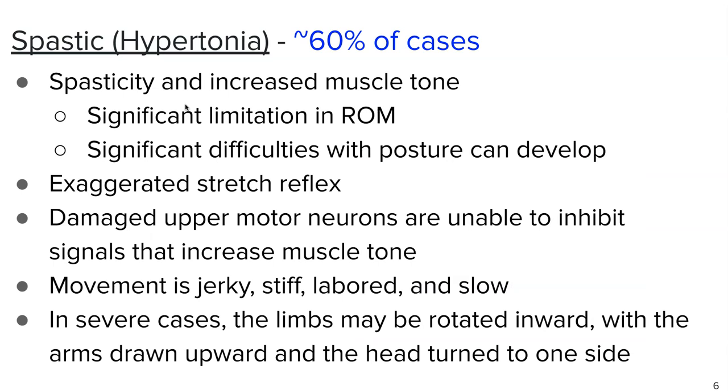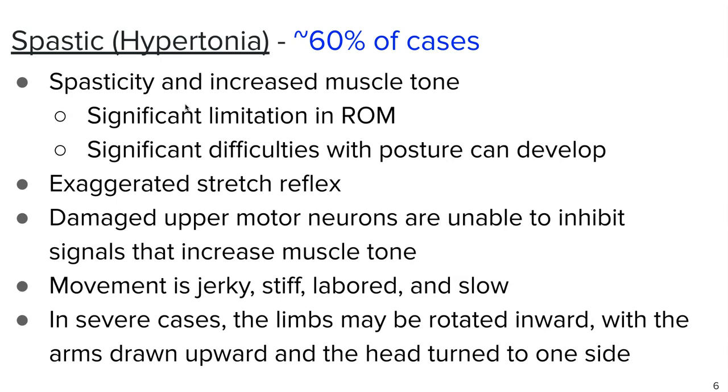We've got spastic hypertonia or hypertonic. This is going to be more than half of all people with CP. We've got spasticity, increased muscle tone or tension. We're going to have significant limitation in range of movement and significant difficulties with posture. Exaggerated stretch reflex.